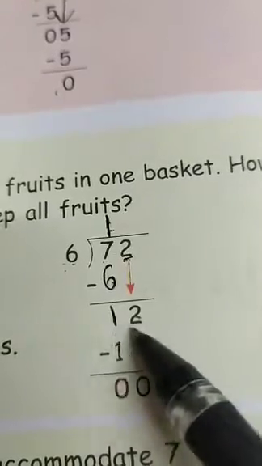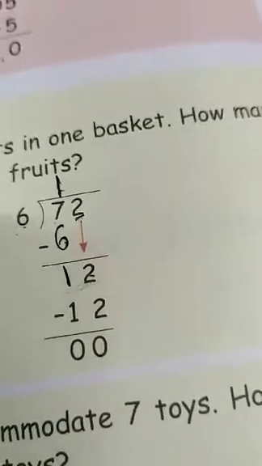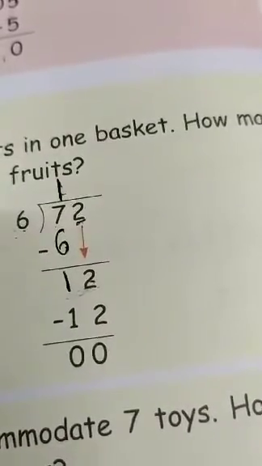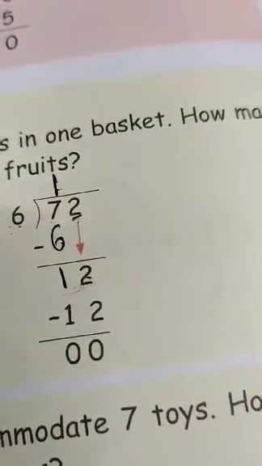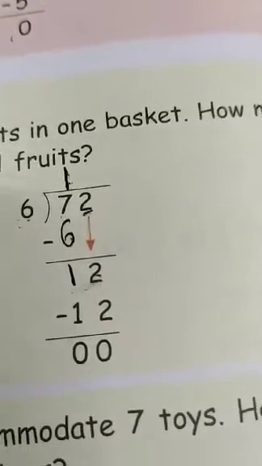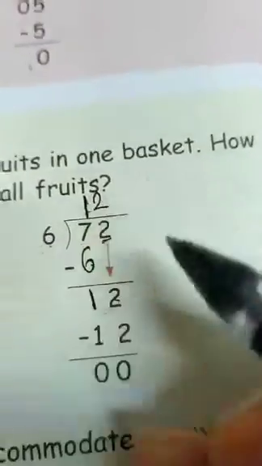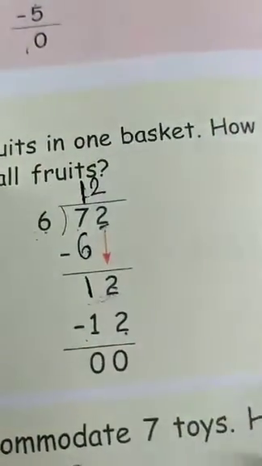Now see, this complete number is 12. Now we divide 12 by 6. Now see, in the table of 6, 12 is there. Yes, 6 twos are 12. So the 2 comes up and the 12 comes downside.